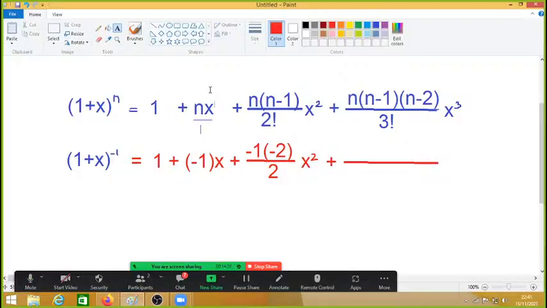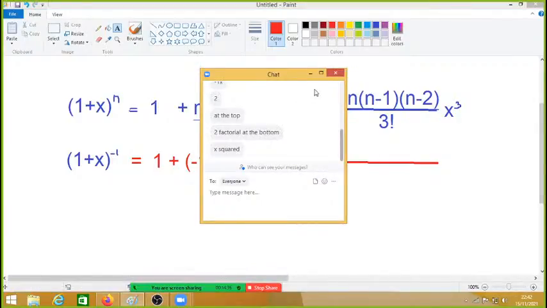So it's n times n minus 1 times n minus 2. I just want to know what numbers should I put in each of these three spaces. Type it in as soon as you know. Okay, the answers from before are good.